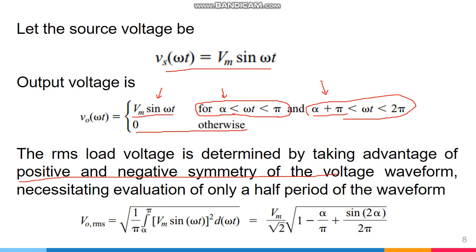Therefore we can evaluate it for the half period only, and V naught RMS is equal to 1 over pi, and the conduction interval is from alpha to pi. So the limits are put here, and Vm sin omega t whole square. The expression I get in the end is Vm by square root 2 into this quantity.